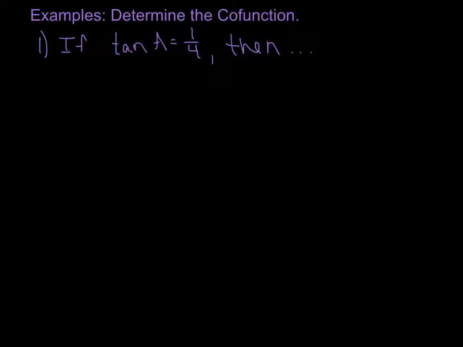So the cofunction I know is cotangent. And if I have angle A, that's what I'm going to have. 90 minus A will also have to equal 1/4. The cofunctions mean that they're complementary and they also equal the same value.